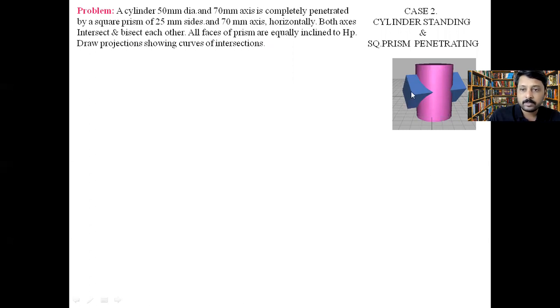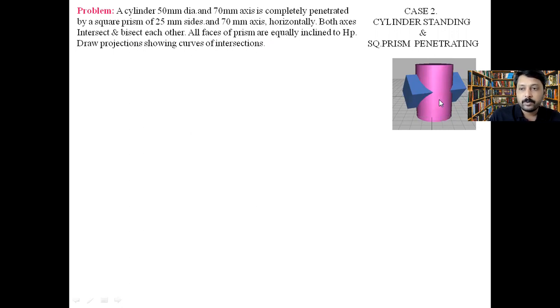So the square prism has to be penetrated. And what is the condition? It is horizontally penetrated. Also, both axes, meaning the axis of the cylinder and the axis of the prism, intersect and bisect.